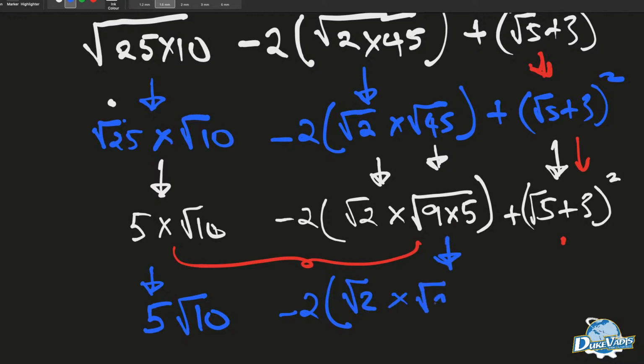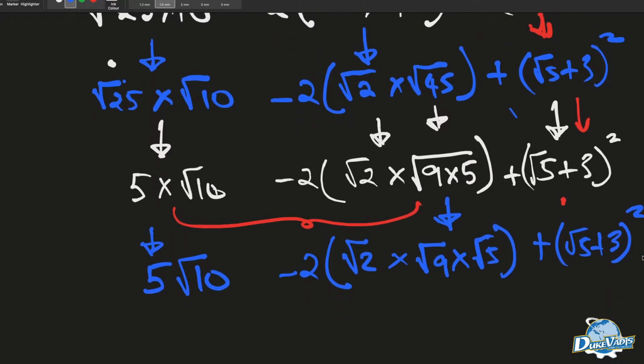That will be surd of 9 times surd of 5 into bracket. Still haven't touched surd of 5 plus 3. So this I haven't touched, and this is a 3 squared.